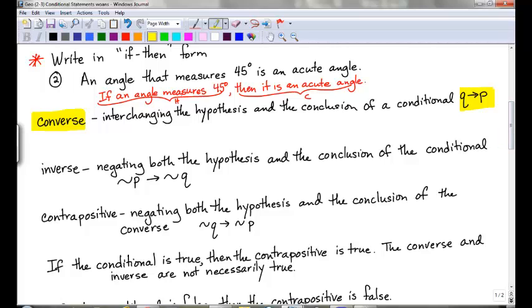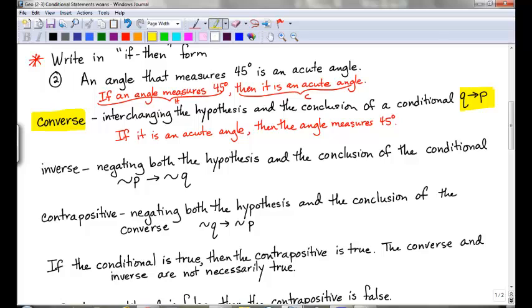If we did the converse of the statement up above, we would say if, go ahead and write it down, if it is an acute angle, then the angle measures 45 degrees. And that is the converse of our beginning statement.